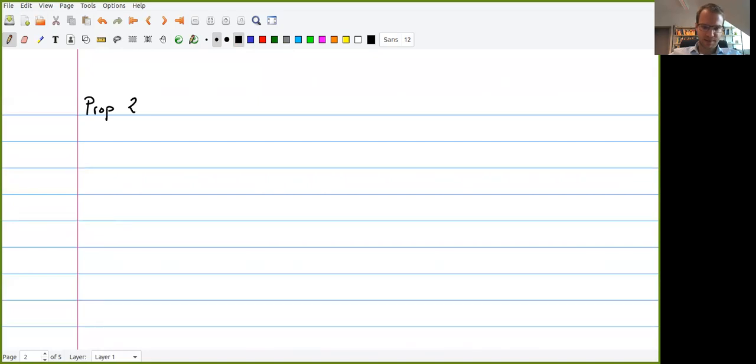Proposition 5. Okay, so let's come back to Brownian motion, which is the main stochastic process we want to deal with. So I consider Brownian motion, and then I consider the completed natural filtration.